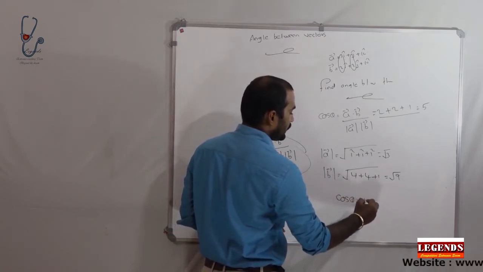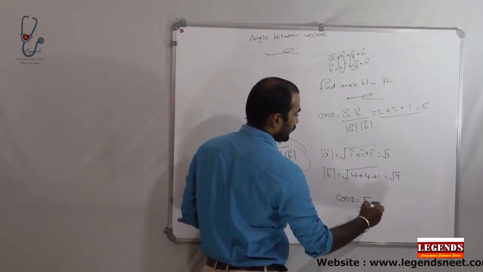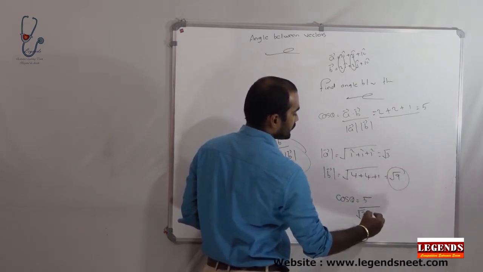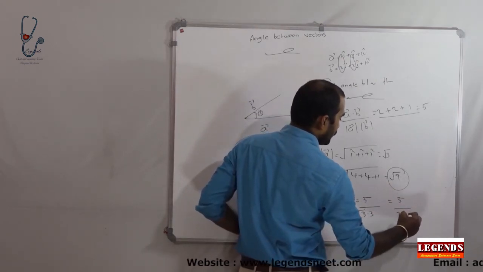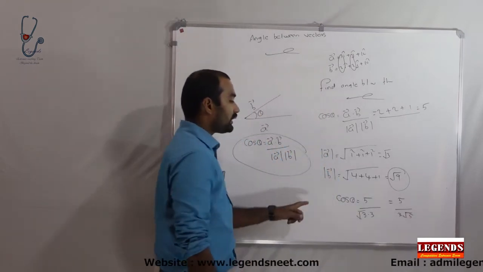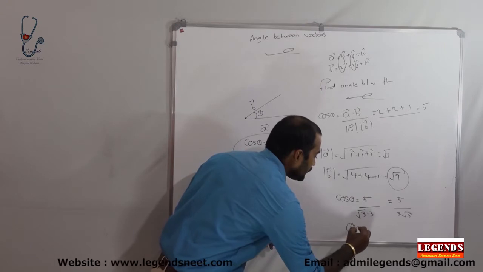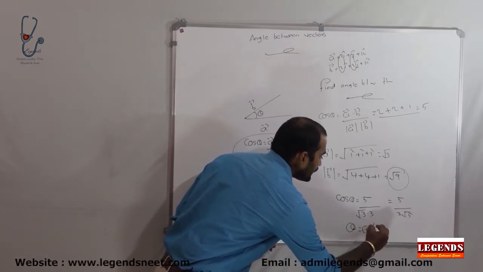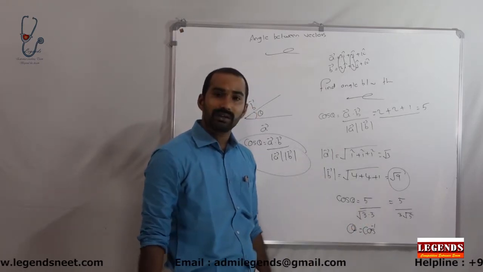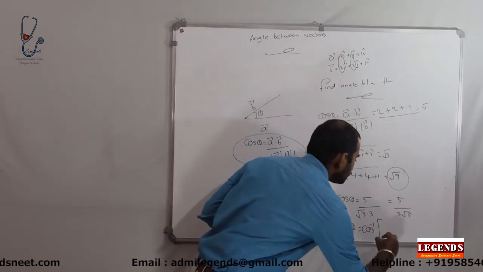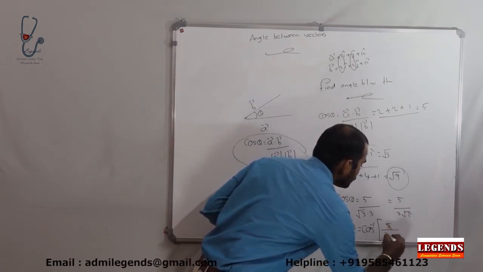Cos theta is equal to 5 by root 3 into root 9, and root 9 is 3. So cos theta is equal to 5 by 3 root 3. We want the value of theta. Theta is equal to cos inverse. If cos goes to the right side, it becomes cos inverse. Theta is equal to cos inverse of 5 by 3 root 3.